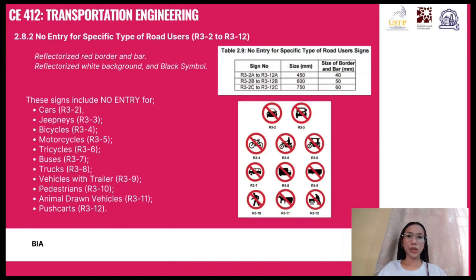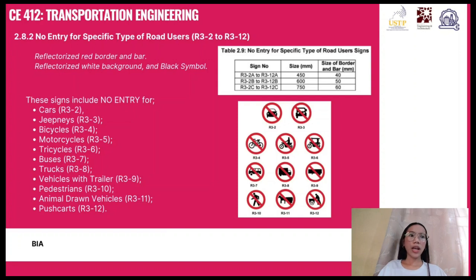So next is 2.8.2, kaning no entry for specific type of road users, or R2-3-2 to R2-3-12. So na siya reflectorized red border and bar, reflectorized white background and black symbol. Makita niyo sa picture, no? Kani siya nga sign is no entry for specific types of road users.